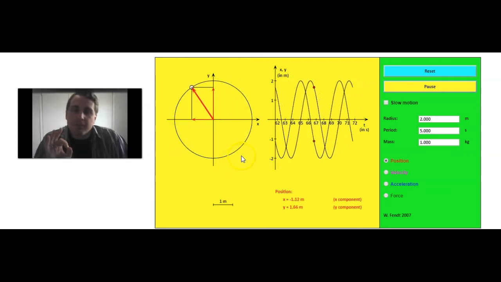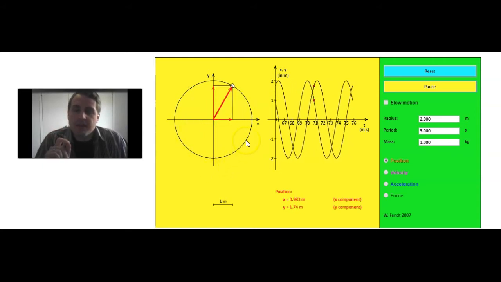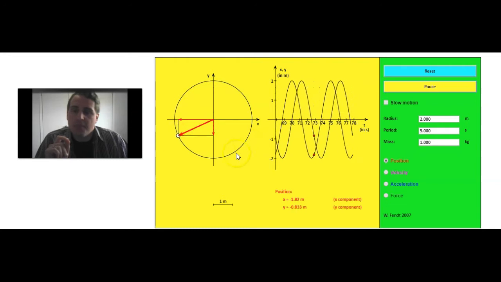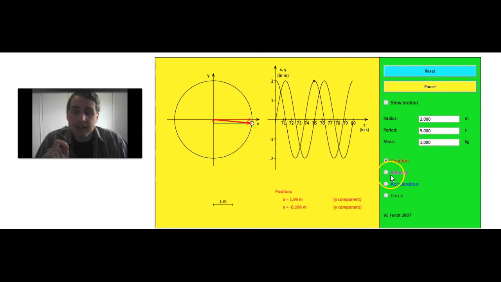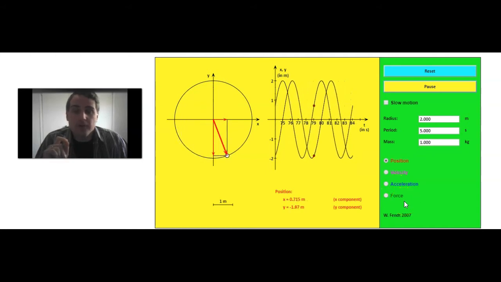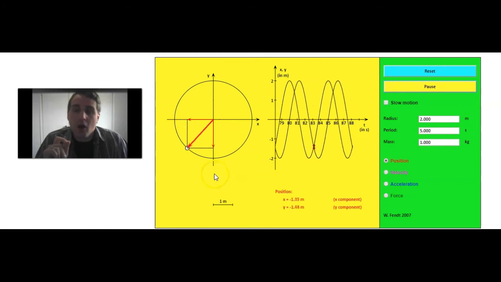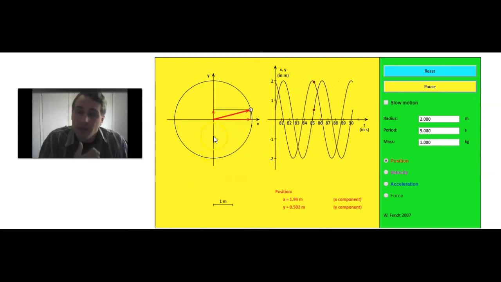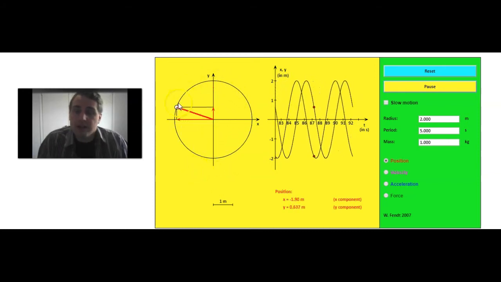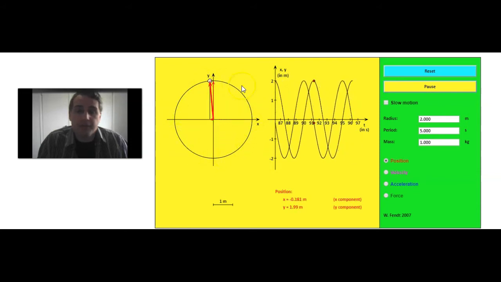Note that I can change the rate of rotation, but let's examine the position, the velocity, and the acceleration, and the force for this constant rate of rotation. Also note that the radius is staying fixed in terms of its magnitude.